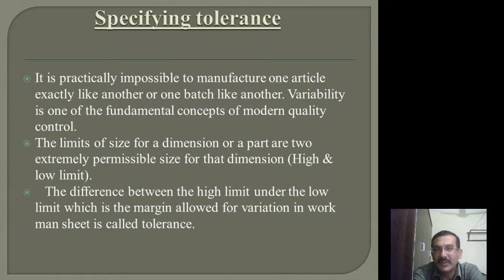The difference between the high limit and the low limit, which is the margin allowed for variation in workmanship, is called the tolerance. Once again, it may be a unilateral tolerance or a bilateral tolerance. That is how you specify the tolerance.